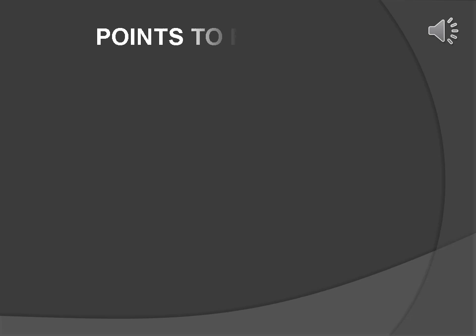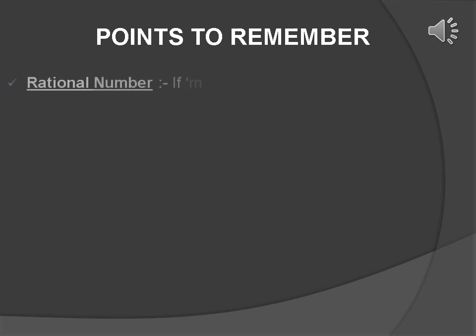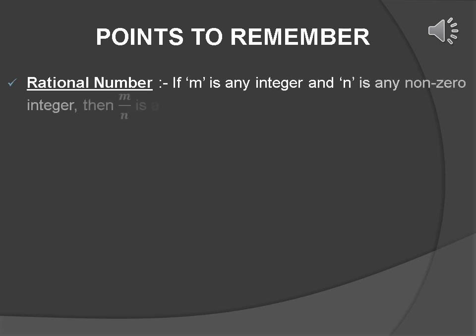Let's have a quick recap of what we have studied today. We have learned there are different types of numbers like natural numbers, whole numbers, integers, and rational numbers. Rational numbers are the numbers of the form m by n, where m and n are integers but n is not equal to 0.